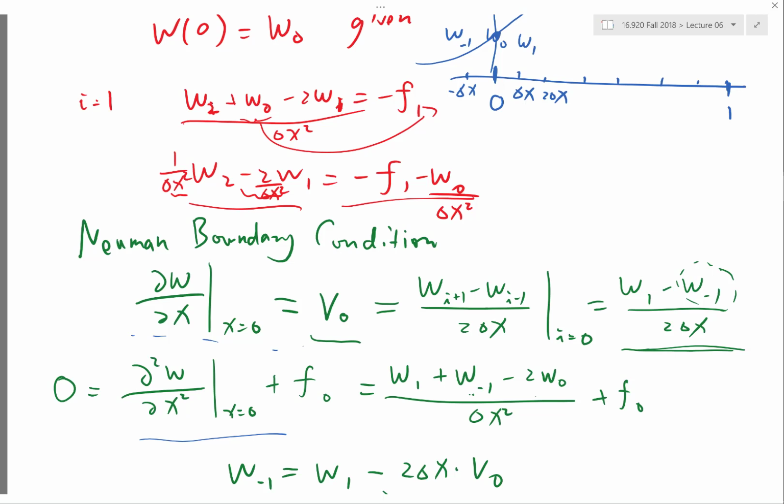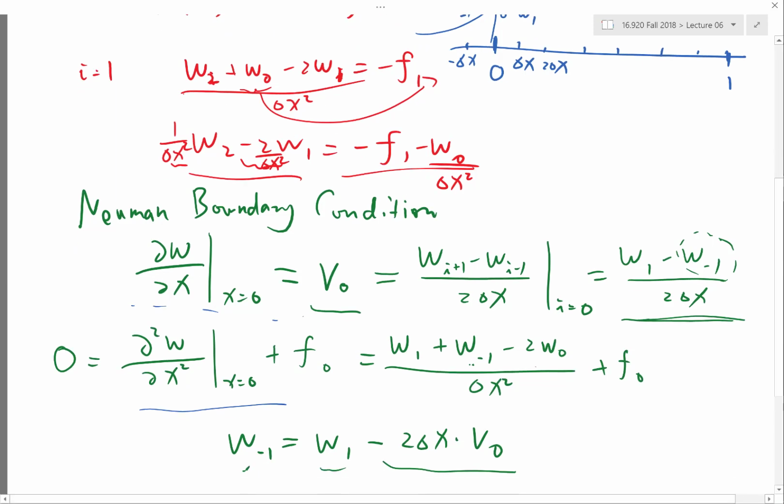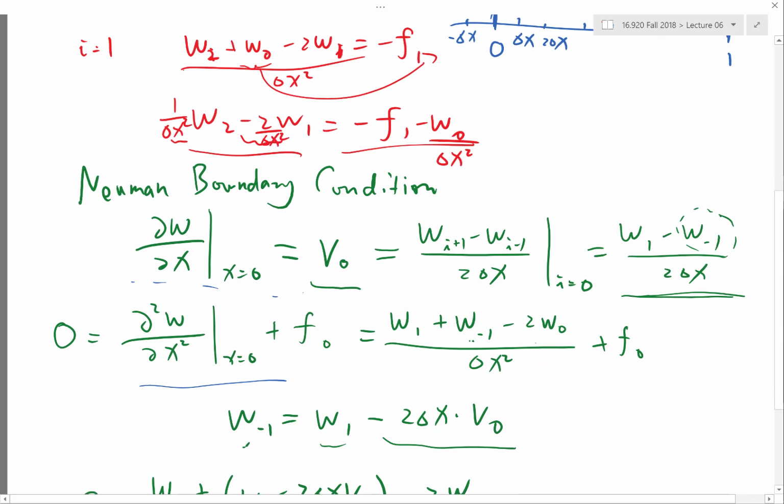And the idea of the ghost point is that you can write down more than one equation, right? You can write down more equations on the boundary because of the boundary conditions. So you can write down both the discretization of the partial differential equation and a discretization of the boundary condition at the boundary, and both are going to involve some grid point beyond the boundary.